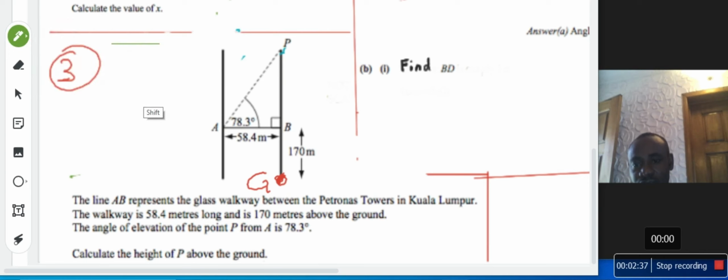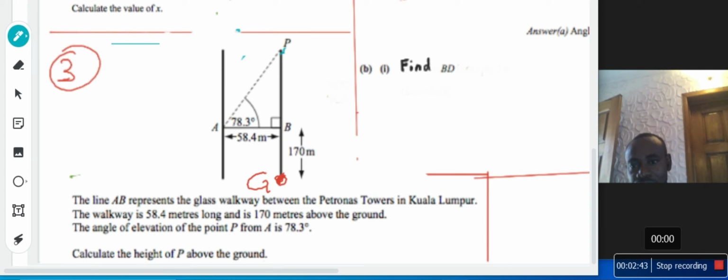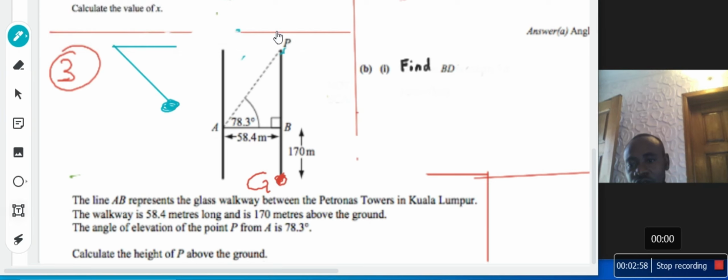If this is horizontal and you were to look down to see an object here, the angle of depression will be this angle. Yeah, that's angle of depression.